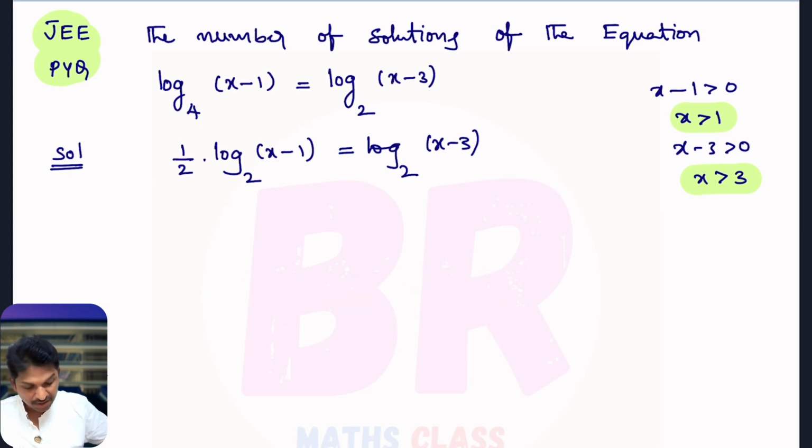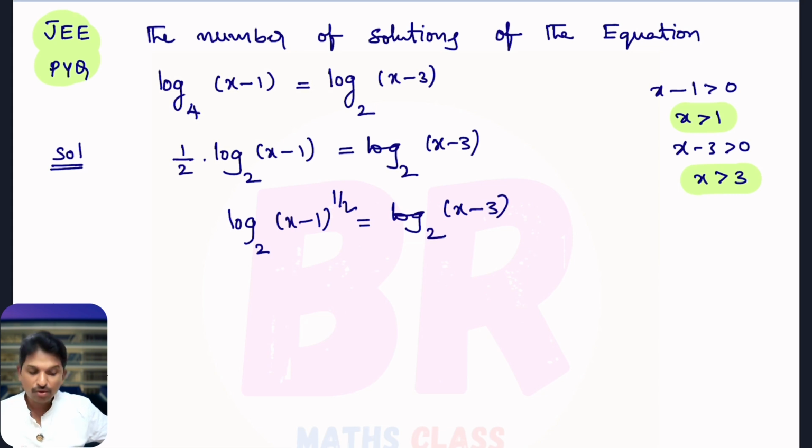So this will become logarithm of (x minus 1) whole power 1 by 2 base 2 equal to logarithm of x minus 3 base 2. Now as here base 2 is there, here base 2 is there, directly we can equate these two expressions. So (x minus 1) whole power 1 by 2 equal to x minus 3.